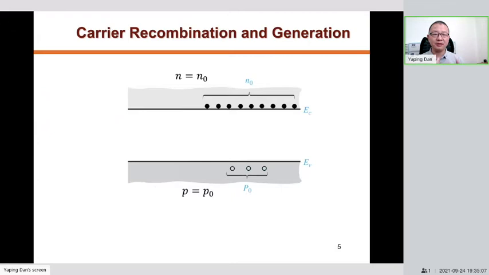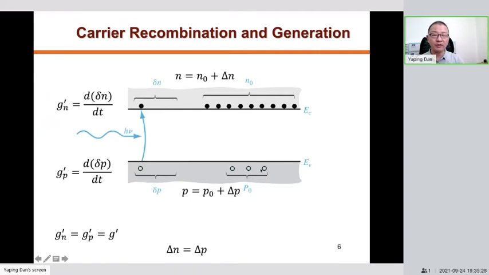Let me give you some basic semiconductor physics concepts: carrier generation and recombination. Given a piece of semiconductor, for example N-type, it has a lot of electrons in the conduction band and some holes in the valence band.